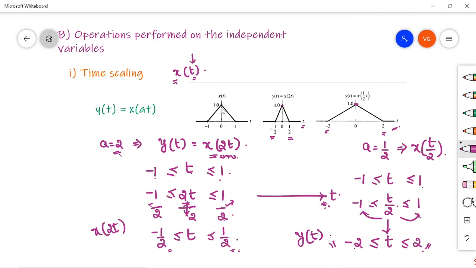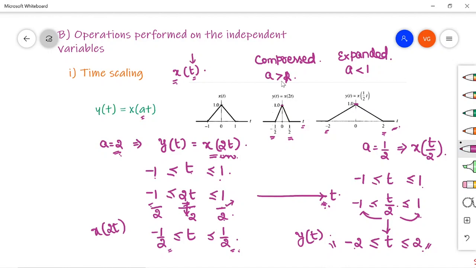Now observe. If the scaling factor A is greater than 1, the signal is compressed. If it is less than 1, then the base signal is expanded. See here, x of 2t means the scaling factor is greater than 1.